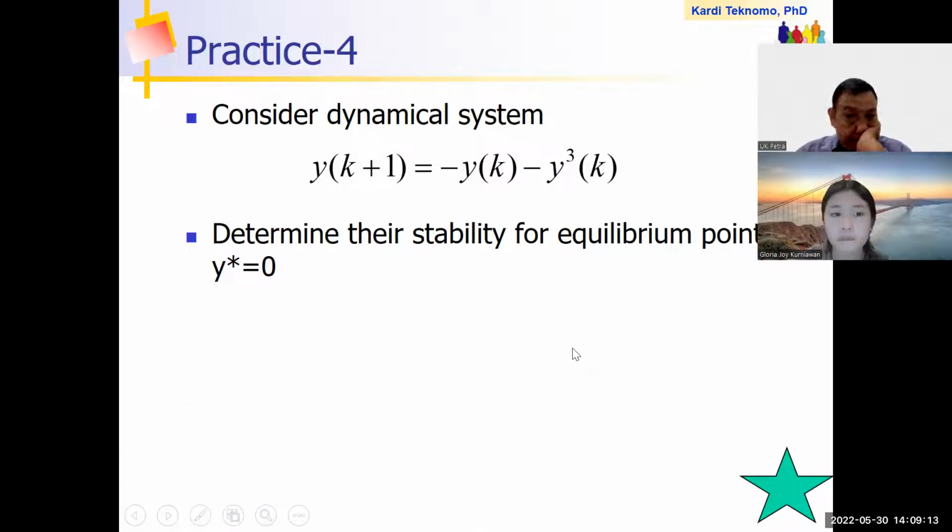So you put y star here, and then y star, and then y star cubic. And then you calculate the solution of the cubic equation.